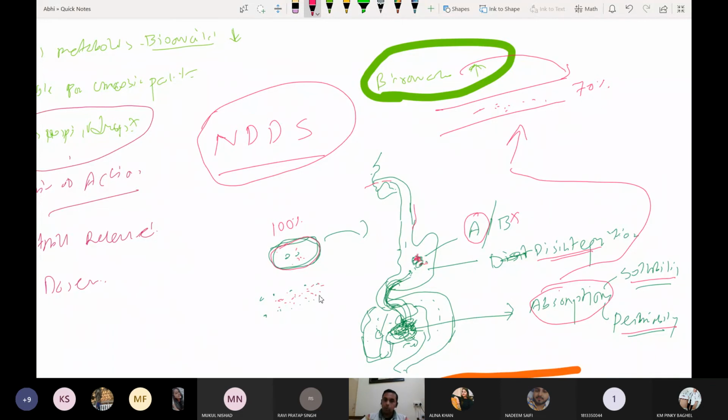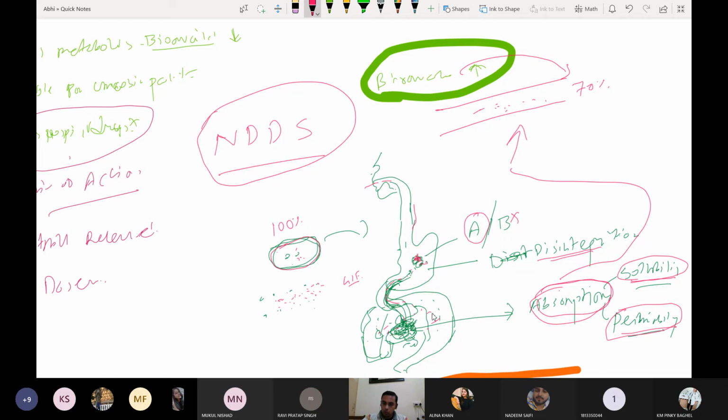If it is very water soluble, then it will get dissolved in the gastrointestinal fluid. That's why solubility is important. After dissolving, when it comes to your small intestine and large intestine, there will be some permeation. If its size is very small, it will be able to get absorbed properly.